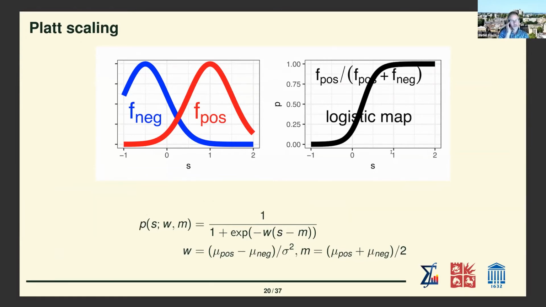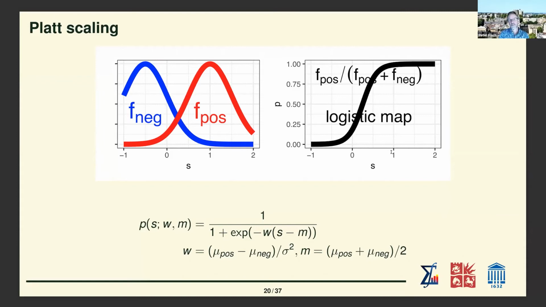Positive examples tend to have high scores, negative examples tend to have low scores. From this, we can derive a calibration map, which is the logistic map on the right, which is essentially taking the positive density of the scores and dividing by the sum of the positive and the negative densities. And that gives us this logistic monotonic function.